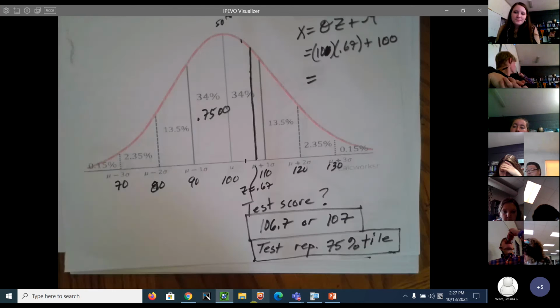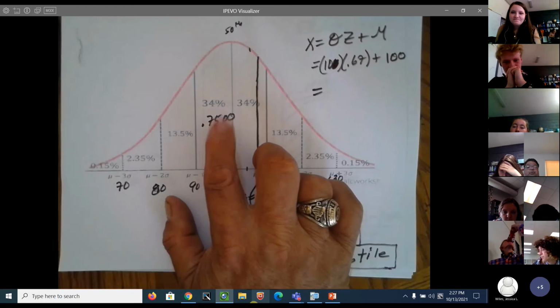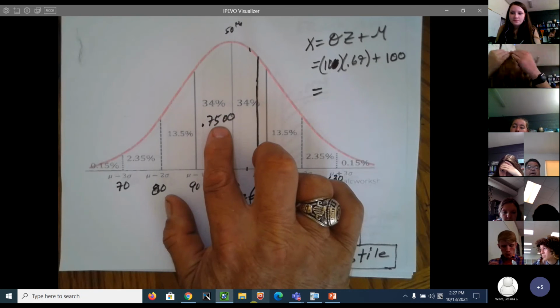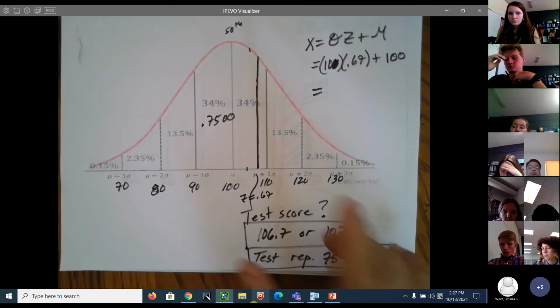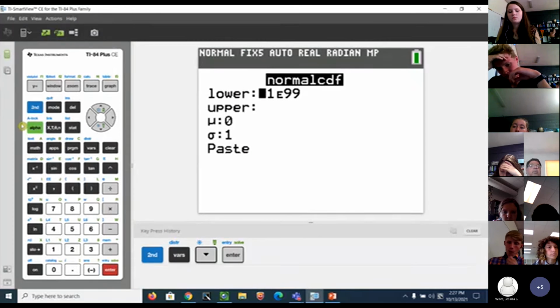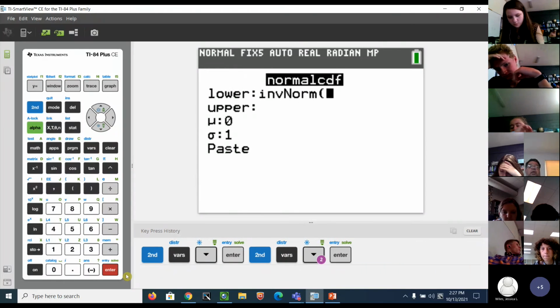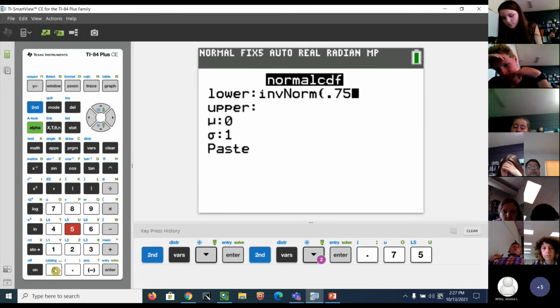Here, I was given 75%. If you're given the percent and you got to find a z-score, then you use what's called inverse norm. Second vars, inverse norm, and you type in 0.7500.